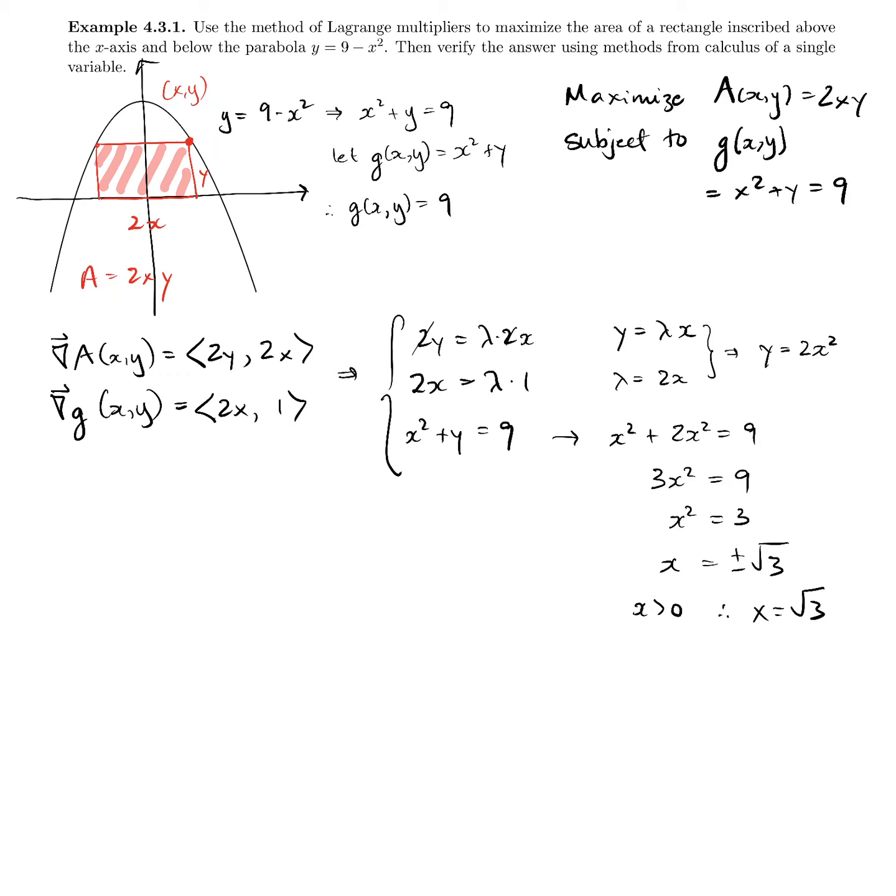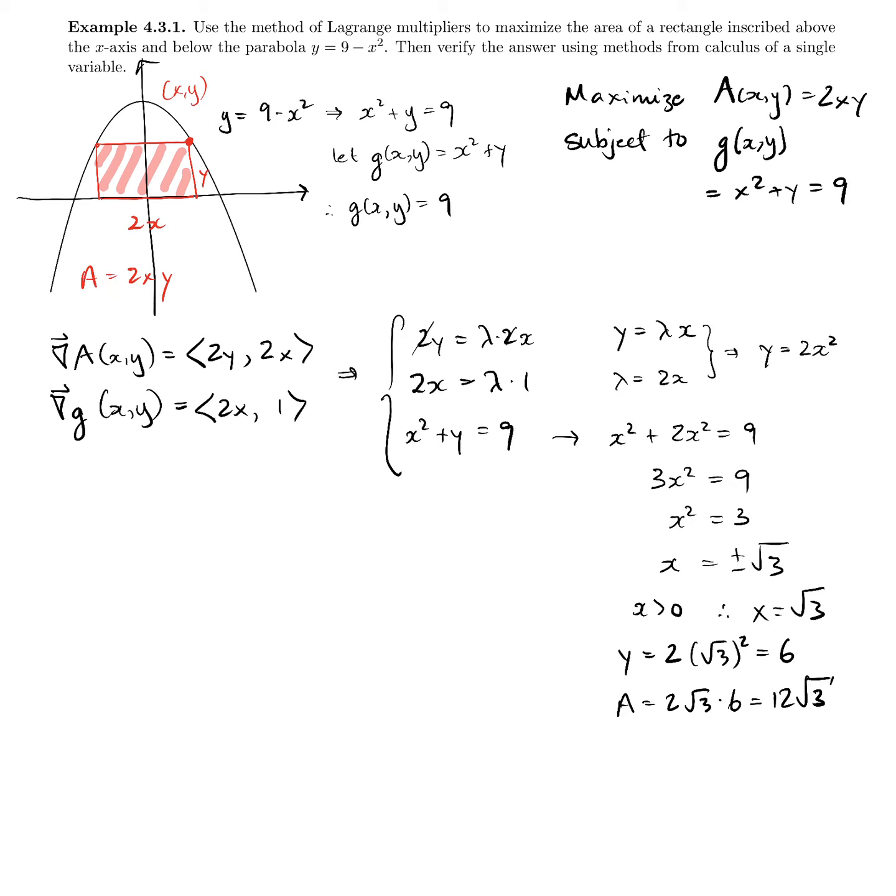If x is root 3, y is 2 times x squared, so 2 times root 3 squared, y is going to be 6. And the area that we're looking for, area is 2xy, so 2 times root 3 times 6, or 12 root 3.